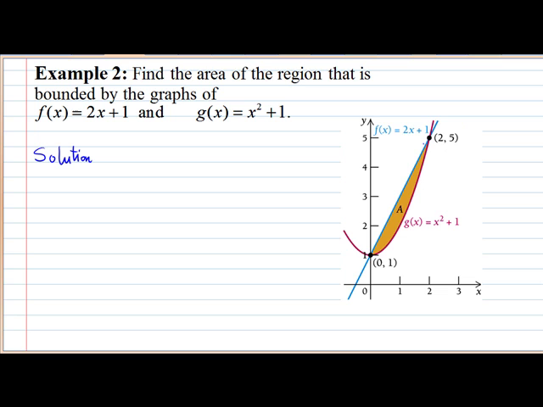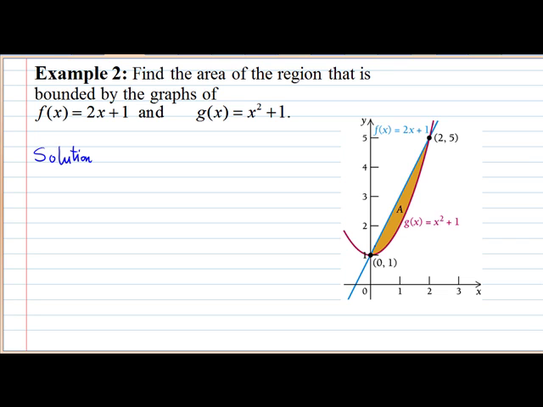Now if you don't know how to graph two functions, we can always find the intersection points, which means where the two functions are equal to each other. The only way the two graphs cross each other is where the two functions are the same.